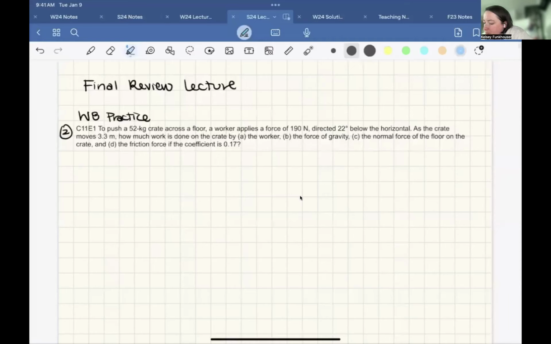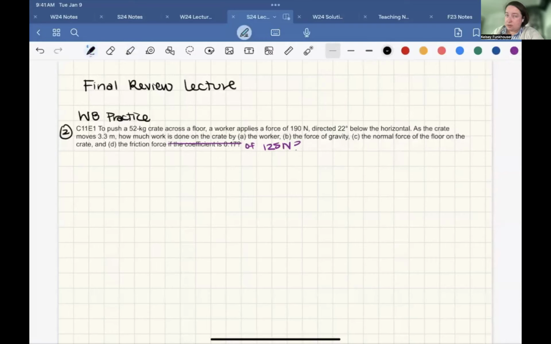As the crate moves 3.3 meters, how much work is done on the crate by A, the worker, B, the force of gravity, C, the normal force of the floor on the crate, and D, the friction force. This is my bad, I didn't change this here, so it should say the friction force of 125 newtons.